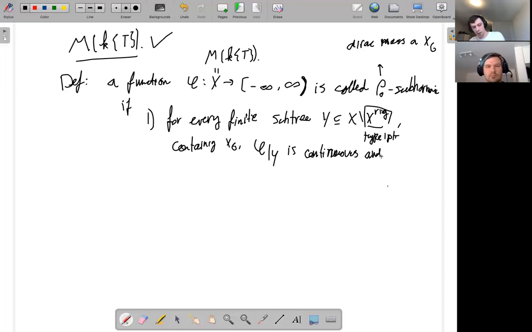And the restriction, so we restrict our function to this finite subtree, and then it's continuous, but it's also convex on every segment.